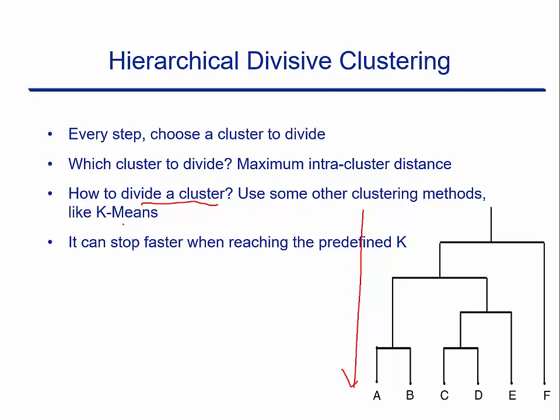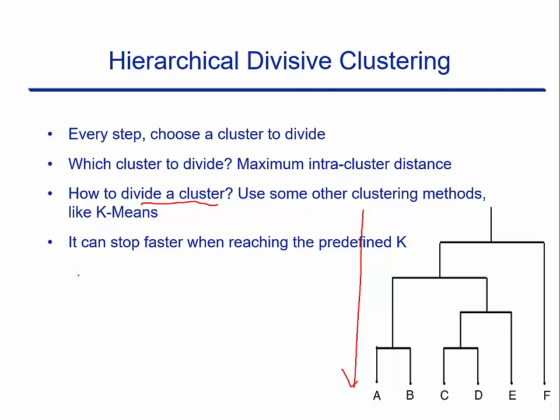We cannot use hierarchical divisive clustering to divide a cluster when this is a step of the hierarchical divisive clustering. So usually we choose a different, easier clustering algorithm such as k-means.